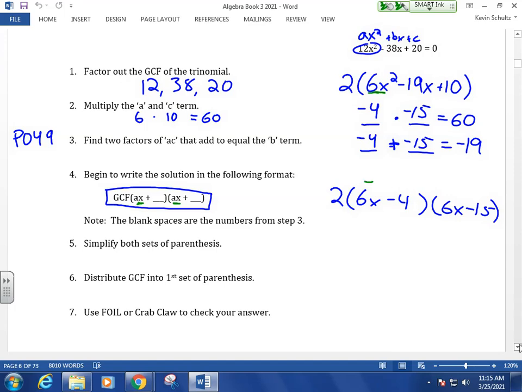So we're going to divide our first set of parentheses by 2, which is going to give us 3x and -2. Right? 6 divided by 2 is 3. -4 divided by 2 is -2. And then what can we simplify our second set by? What's the greatest common factor of 6 and 15? 3. So divide by 3, divide by 3, and we get 2x and -5.